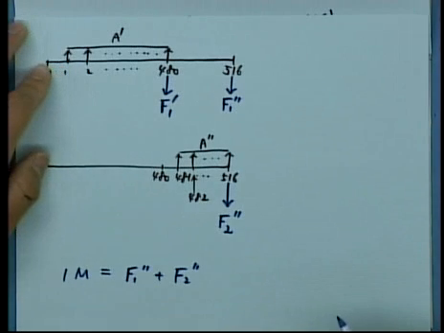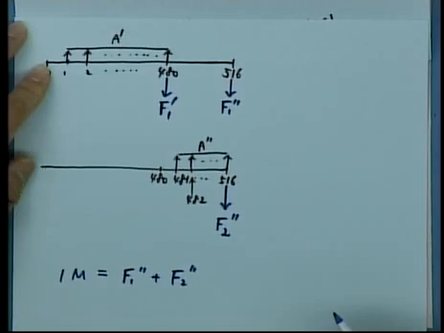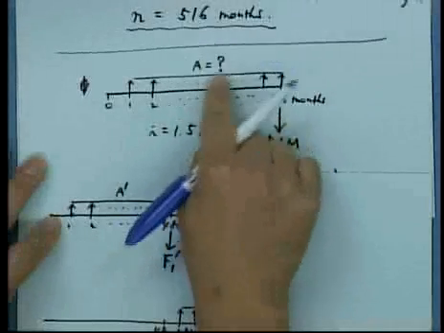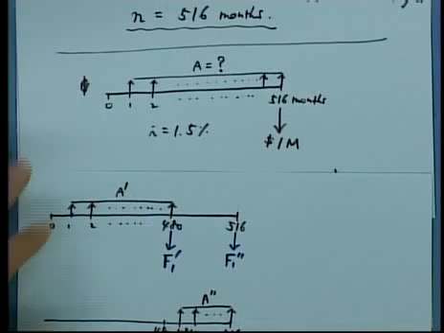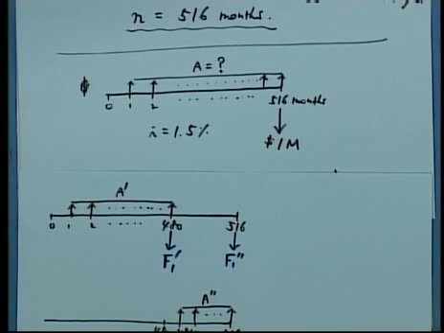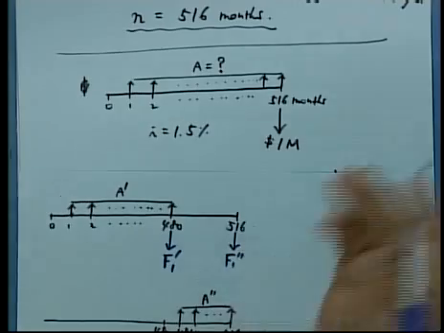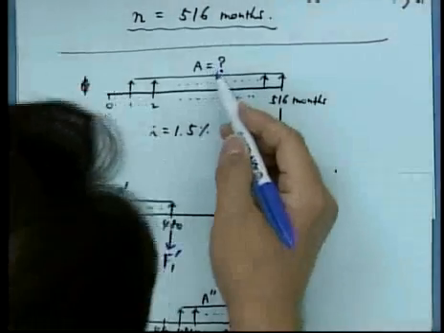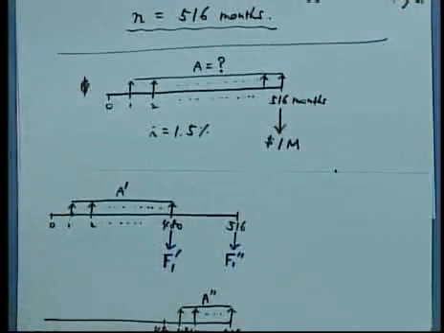Okay? Then we should be able to get this equivalent uniform annual benefit. Okay? Or equivalent uniform annual cost in this case.